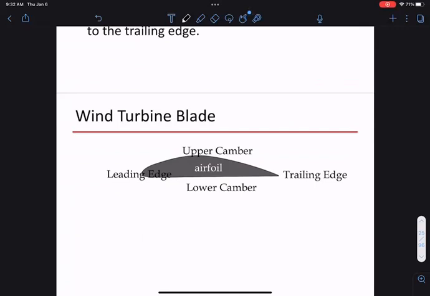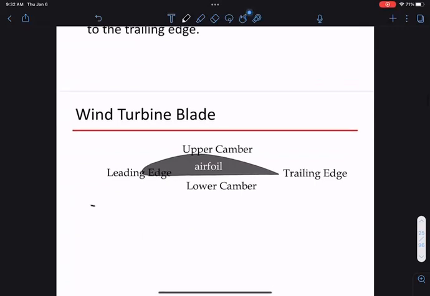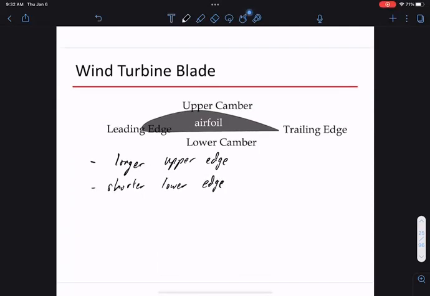I'm sure you have all heard of this theory. You have a longer upper camber, so you have a longer upper edge. You have a shorter lower edge. And the idea is you have some air.